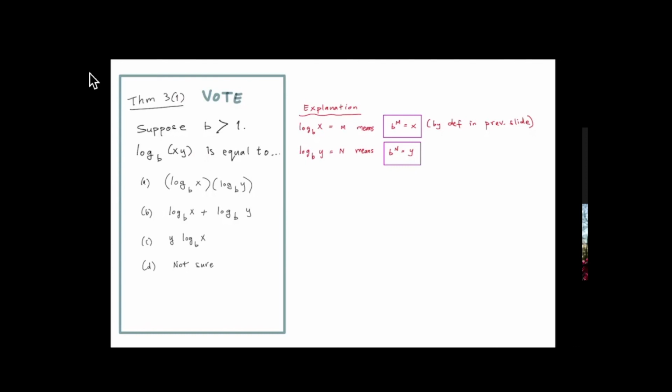So let's first turn this into something that looks like an exponential function. First write down log base b of x is equal to some number m. This would mean that b to the m is equal to x. And do the same thing for log base b of y. Set that equal to some letter n, and this means that b to the n is equal to y.